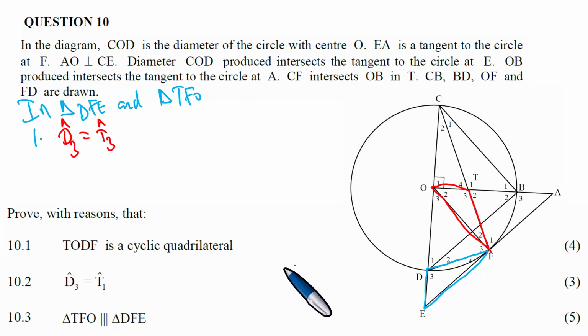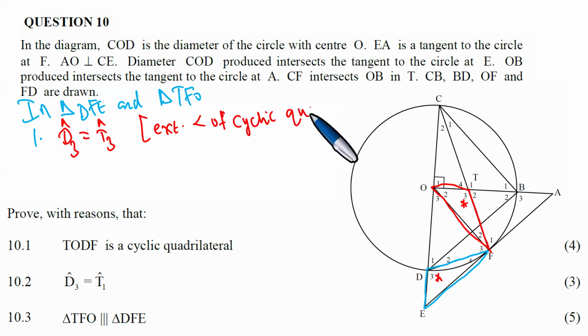T3. So the angle D3 is equal to the angle T3. And the reason for this is exterior angle of cyclic quad.